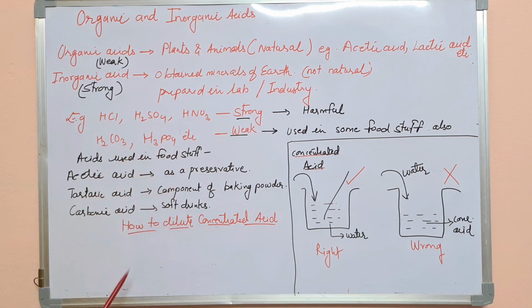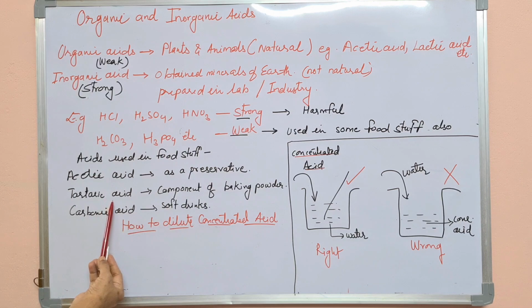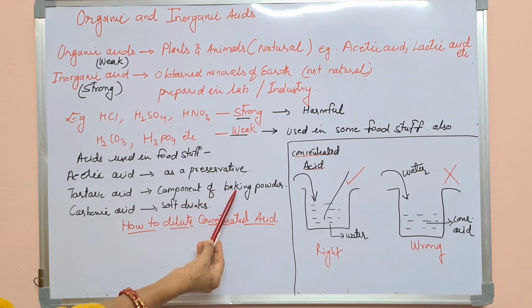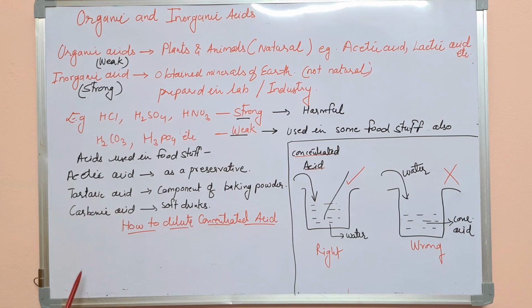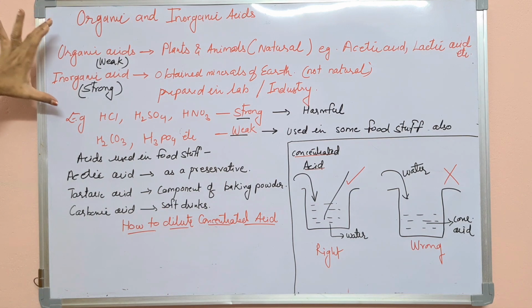Acids used in foodstuffs are acetic acid as a preservative, tartaric acid as one component of baking powder, and carbonic acid, H2CO3, present in soft drinks. So this is only the general idea about organic and inorganic acids.